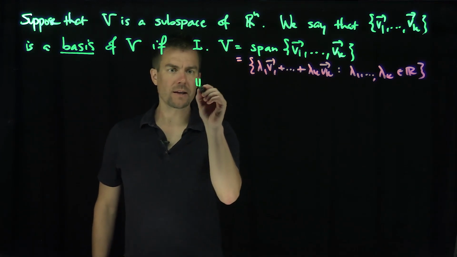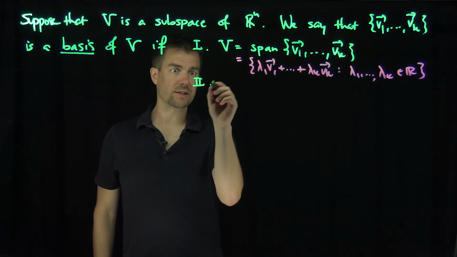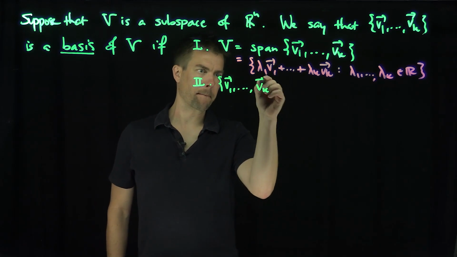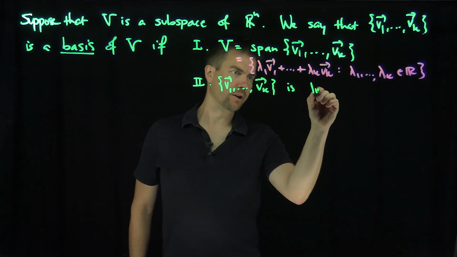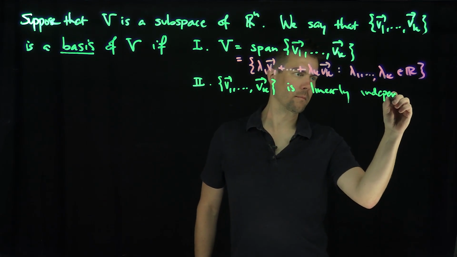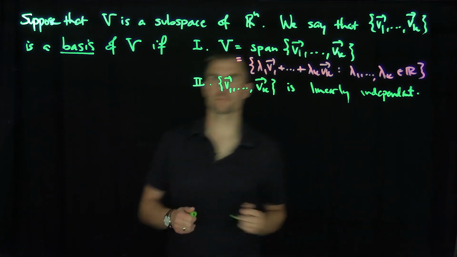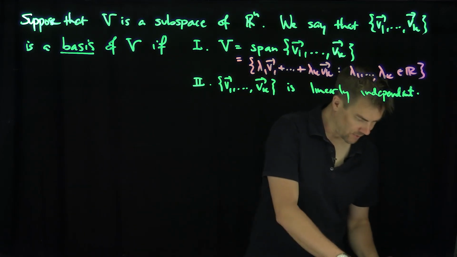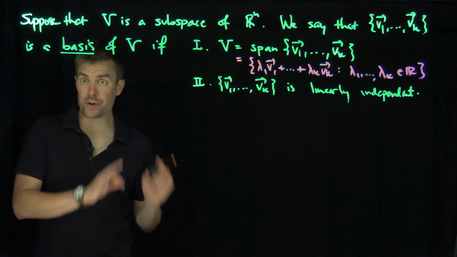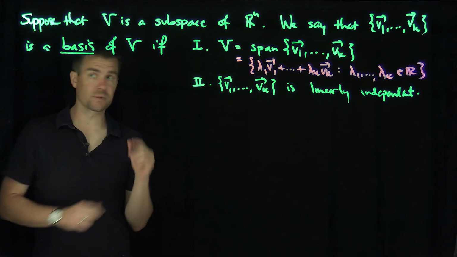And number two is that the collection V1 through Vk is linearly independent. Okay, great. So what does this linear independence tell us? Condition 2 tells us that there are unique representations of any V in terms of these Vk.